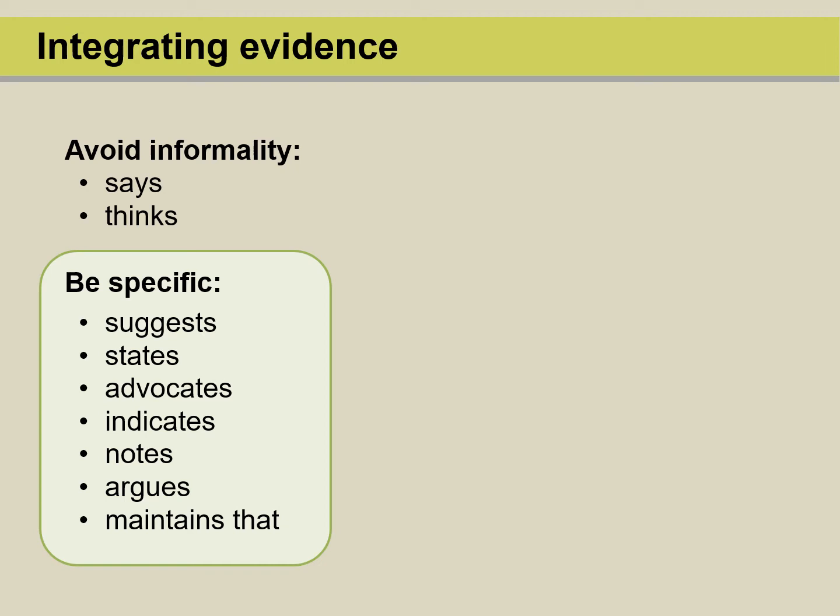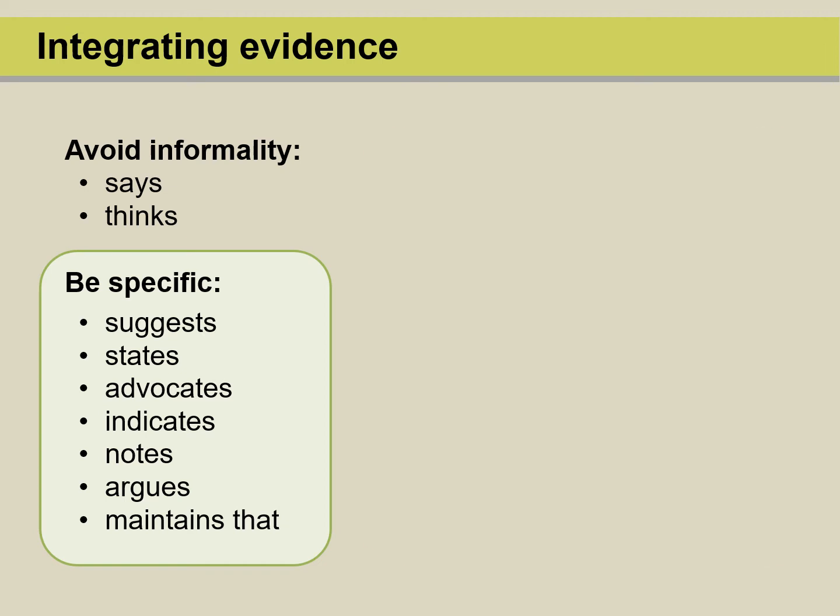It's quite a tentative word. Contrast that with a word like "maintains" or "advocates." These have more strength, and they suggest that perhaps the author has faced some criticisms about their viewpoint, but is sticking to their line of thinking despite these criticisms.